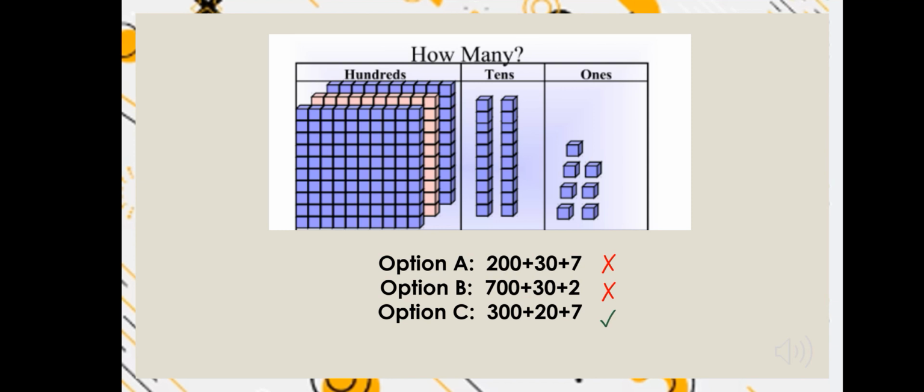Similarly, when we check option B, in the place of ones, it's written 2, although we have 7 blocks. In the place of tens, it's mentioned 30, although we have 20 blocks. In the place of hundreds, it's mentioned 700, although we have 300 blocks. So the correct option is C, with 7 ones, 20 tens, and 300 hundreds.